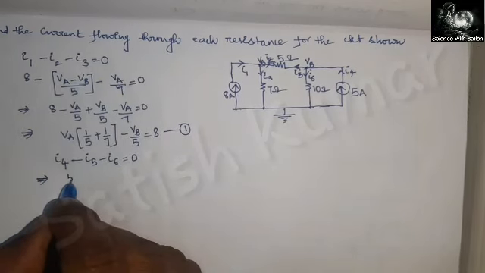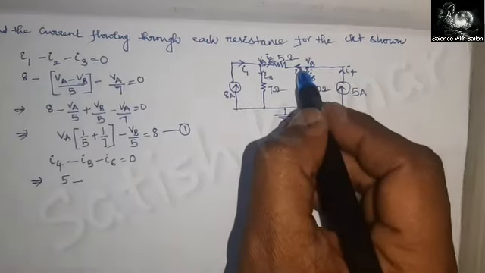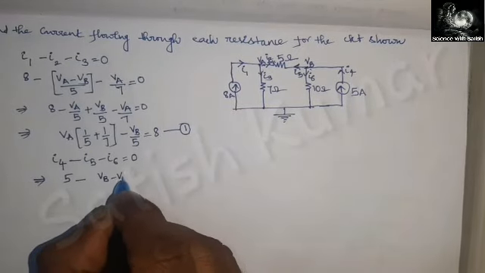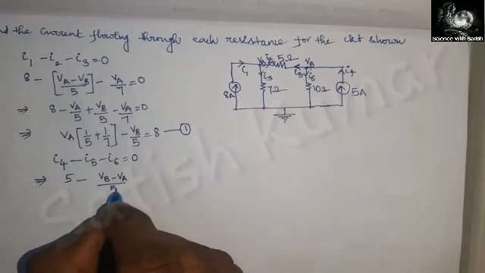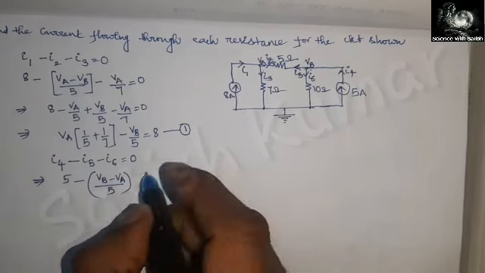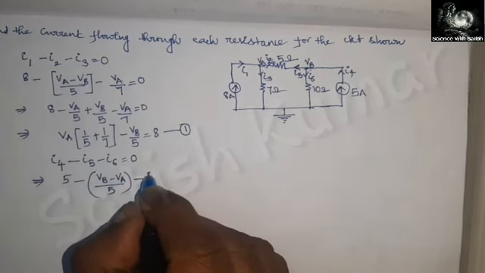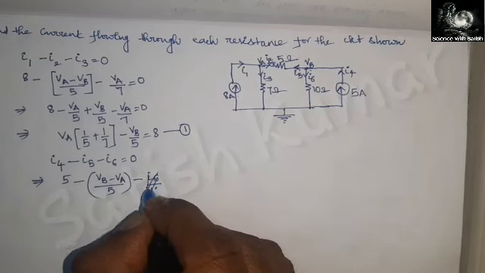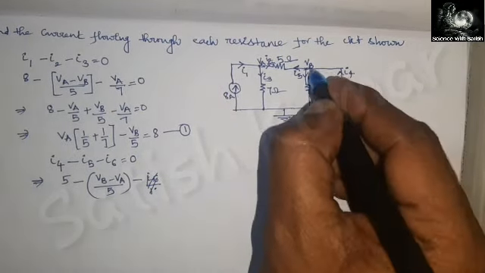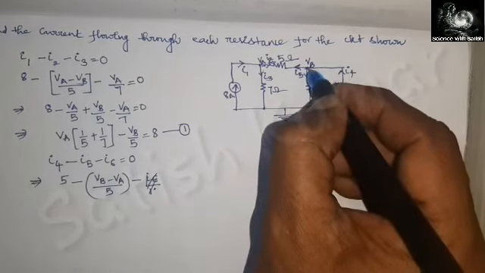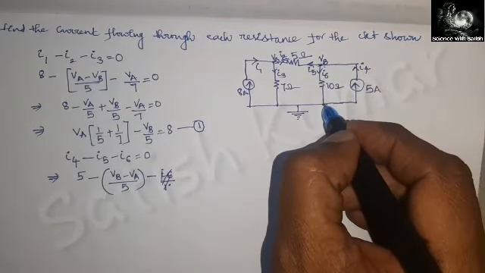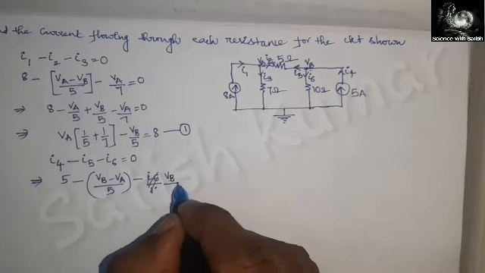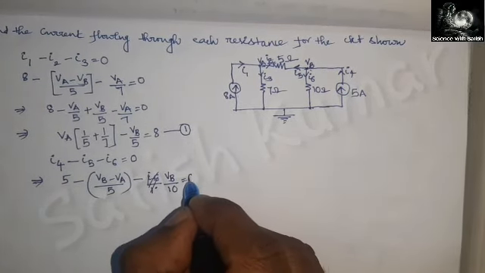So 5 minus I5, I5 is from VB to VA, so I can write VB minus VA and the resistance there is 5, minus I6 by 10, sorry, I6 is VB minus 0, because the potential here is VB and the potential here is 0. VB minus 0 is nothing but VB. VB by 10 is equal to 0.